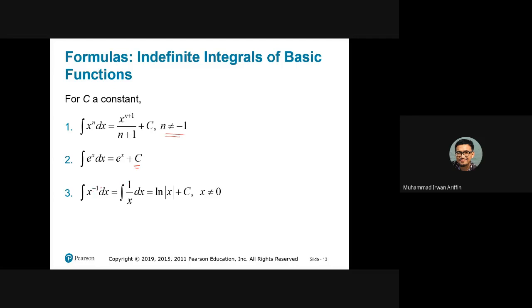Negative 1 plus 1 would be 0, and we cannot divide by 0. So the antiderivative would be the natural log of the absolute value of x. If you are not sure, reverse the process: when you differentiate this with respect to x, you get x to the power of negative 1.